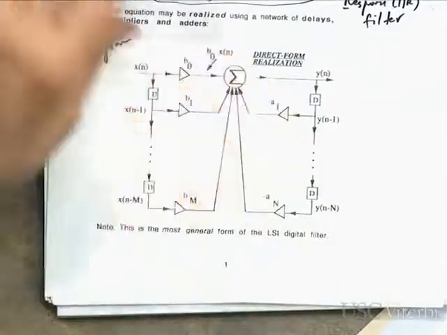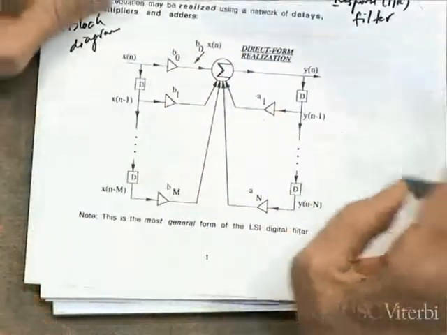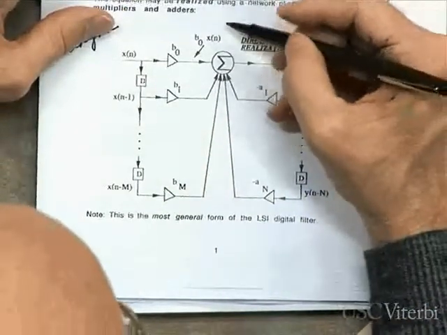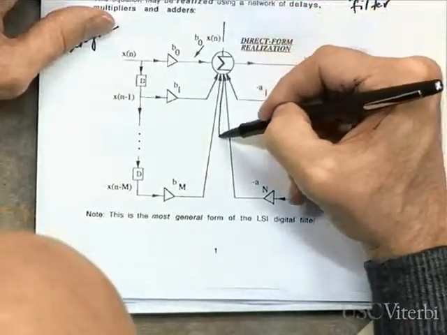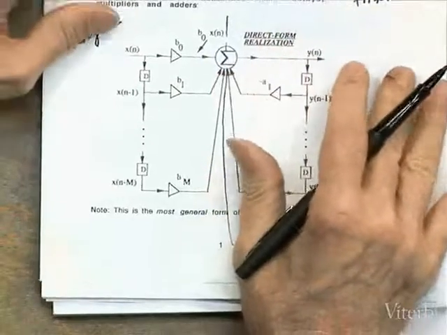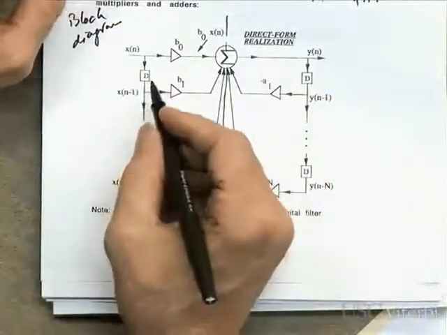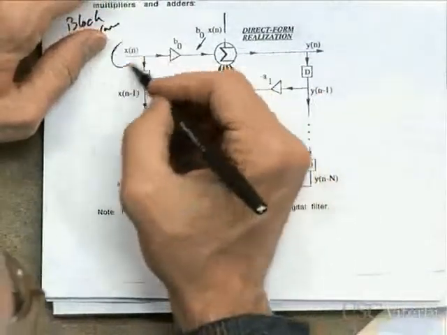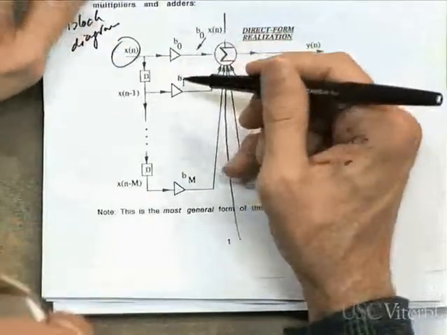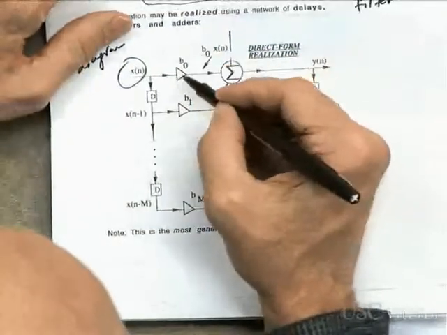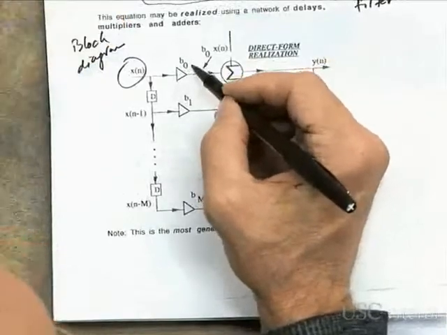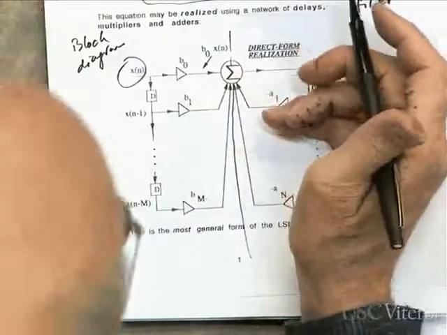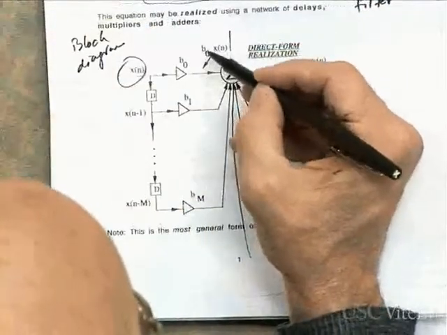And here is a block diagram of this process. Our first block diagram that we've seen. Now, for my notes, or for the lecture, let me draw a line right down the middle of that. To the left of this line, you will see everything only involves x of n. Here comes my input, x of n, and here's what the diagram means. I go into this little triangle with b naught. That means I'm multiplying x of n times b naught. I could have also drawn a little circle with the x like I did before, but either one's fine. So the output is b naught x of n.